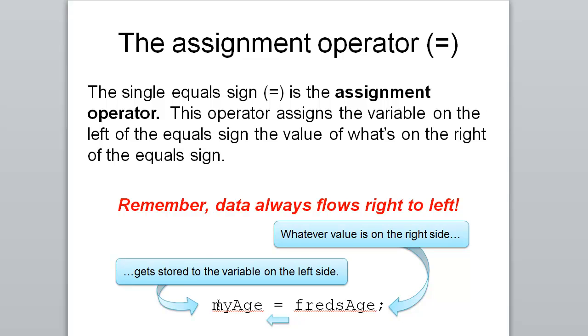What happens whenever it sees this line of code is that whatever is in fredsAge, in this case 42, is going to be stored into myAge. So myAge used to be 36, and now it just got assigned the value of 42 because that's what was in fredsAge. Data flows in this direction on the equal sign. Some people make the mistake and think that because myAge is 36, fredsAge will then become 36, and that's data flowing in the wrong direction. That's not the way Java does it.